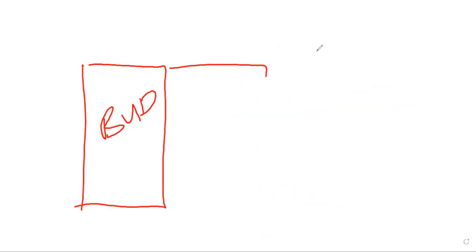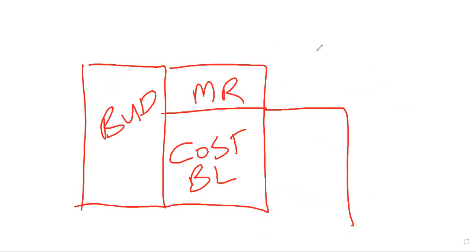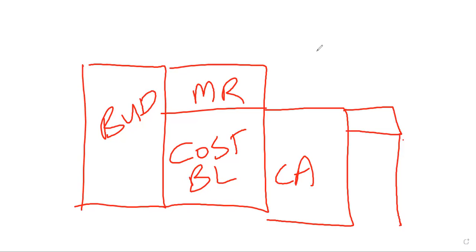The project budget is made up of management reserve and the cost baseline. You see that? Then the cost baseline is made up of your control accounts. And those control accounts have a makeup of your contingency reserve and your work package cost estimates.